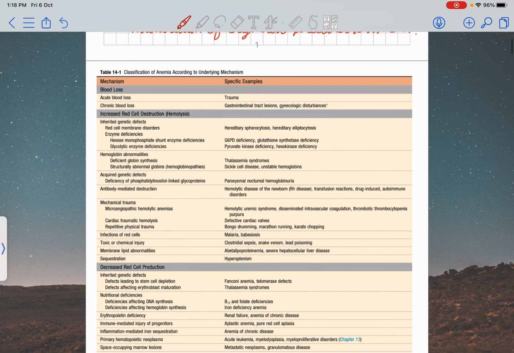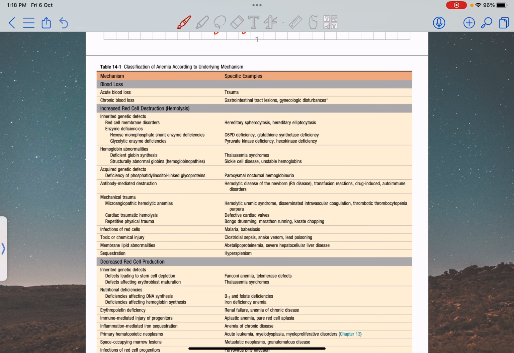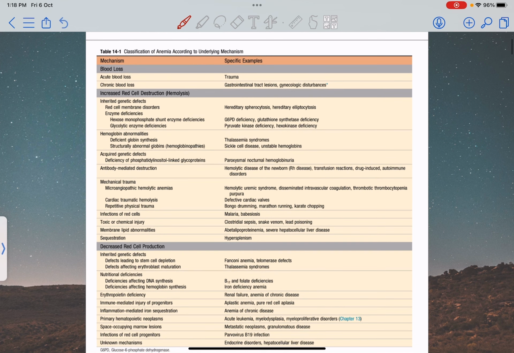We said we can classify anemia on the basis of etiology into three groups: anemia of blood losses, increased RBC destruction, which is hemolysis, or reduced RBC production. Blood losses could be acute or chronic. In increased hemolysis, there could be an RBC membrane defect, there could be enzyme deficiency, there could be hemoglobin abnormalities, there could even be acquired defects as seen in paroxysmal nocturnal hemoglobinuria, and there could be antibody-mediated destruction.